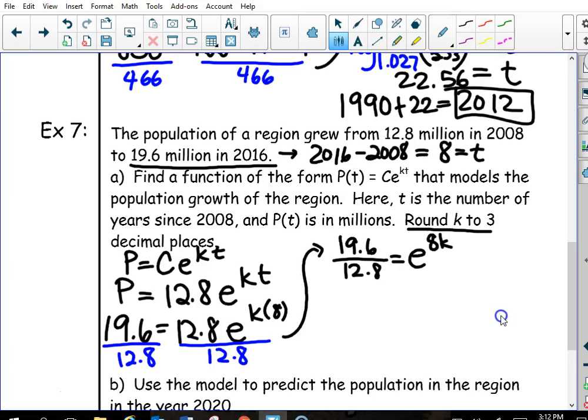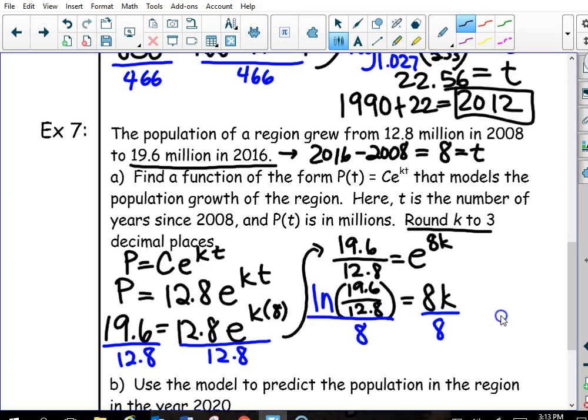All right, we're going to take a natural log of both sides. On the right-hand side, it'll just reduce it to 8 times k. And finally, solving for k, I'm going to divide both sides by 8.